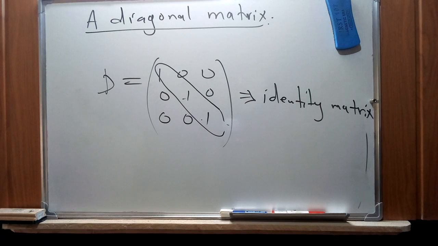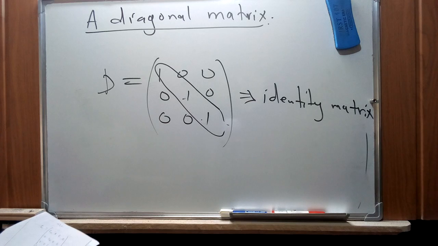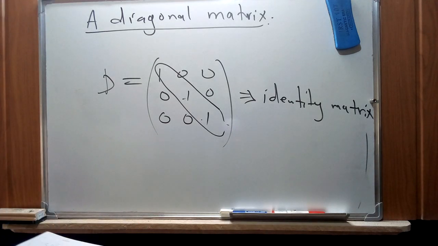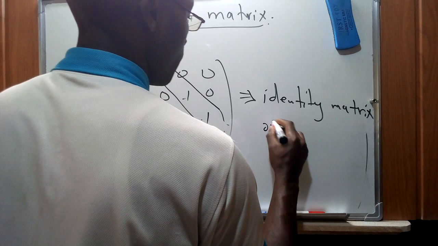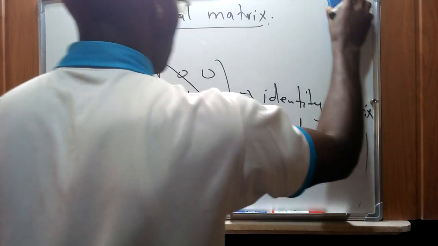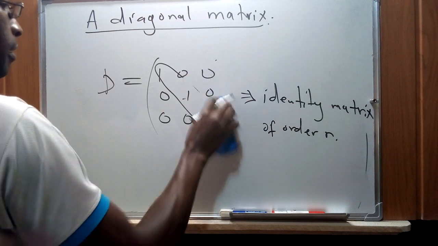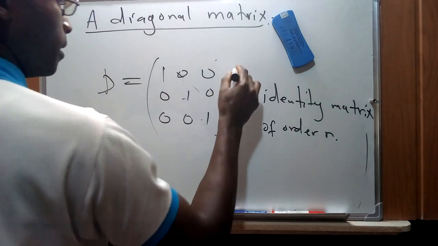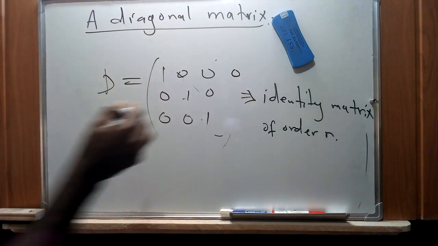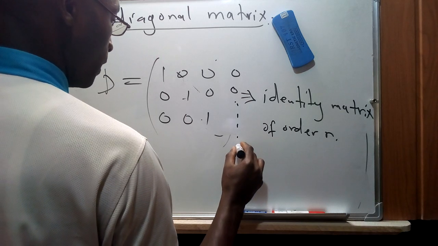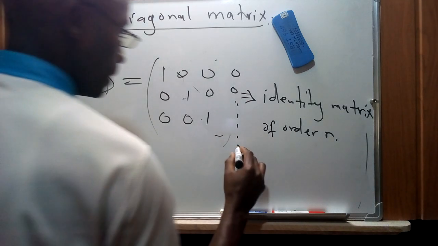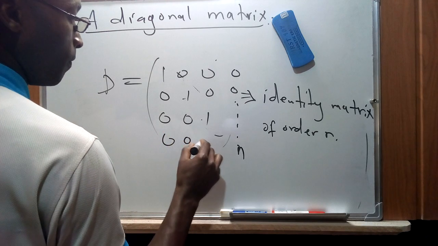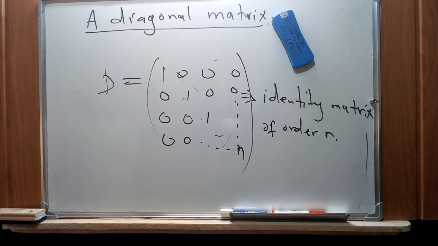So for an identity matrix of order n, it can be represented as that.